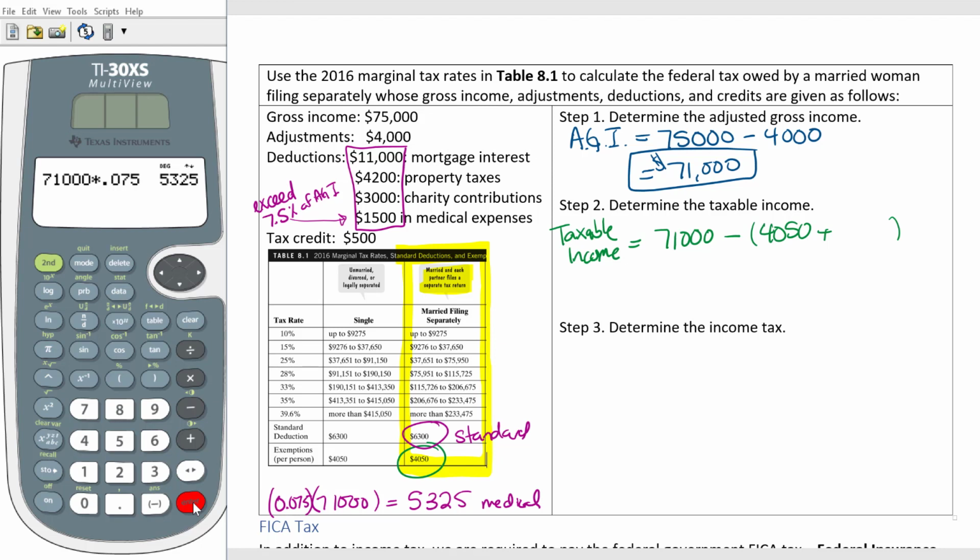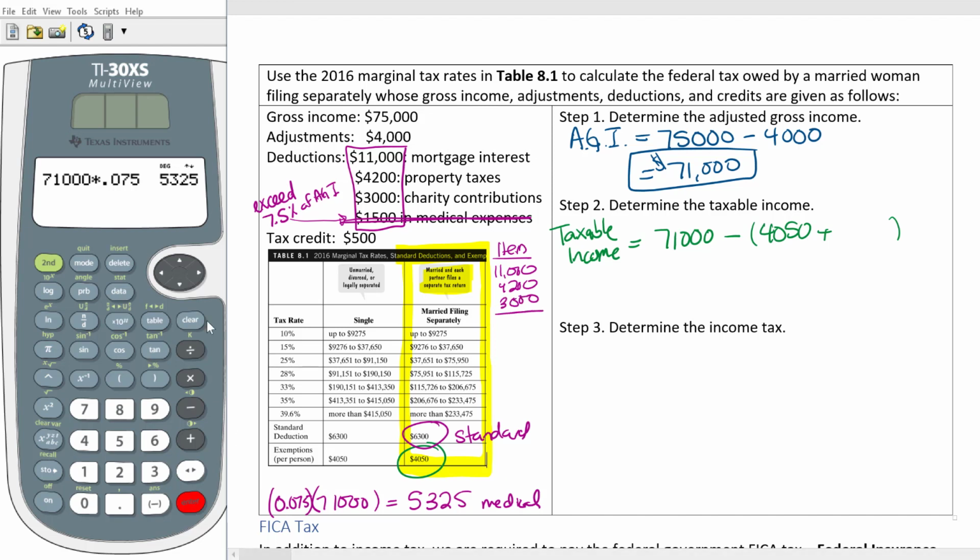But because this doesn't exceed, we have to take the medical expenses out entirely. There's no way she's going to get to include that. So for her itemized deductions, we're only allowed to include the $11,000, the $4,200, and the $3,000.